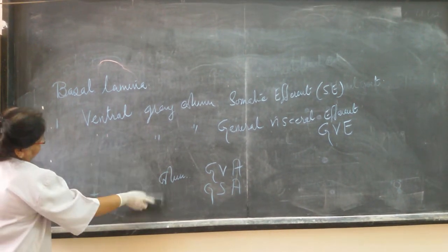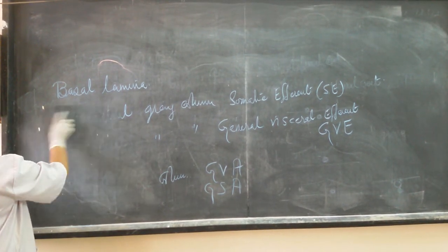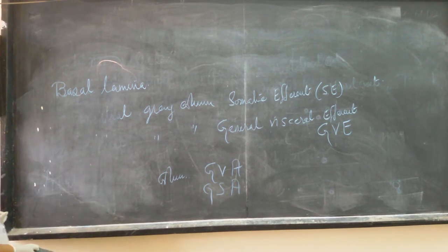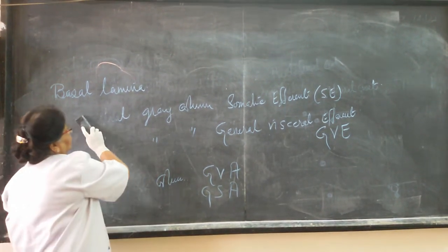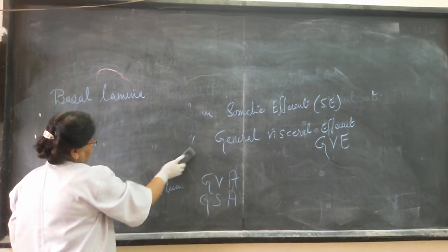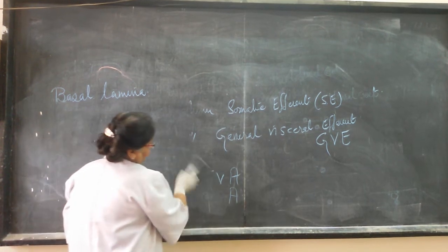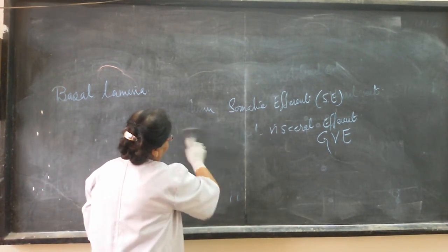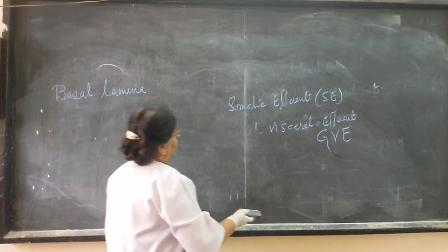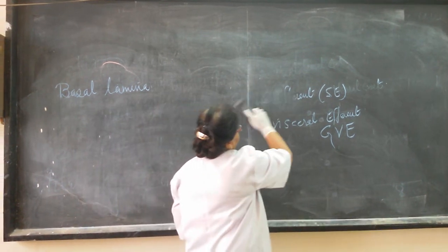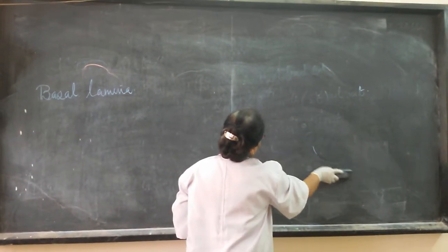The basal lamina is motor in function. It extends cranially up to the midbrain, and they form the lower motor neurons.